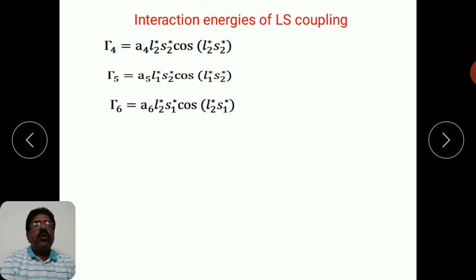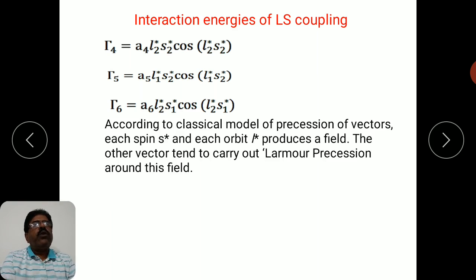So let us make some assumptions which are based on theory. What are these assumptions, in order to consider the actual interaction energies? According to the classical model of precession of vectors, any particular physical quantity or vector is said to precess in a certain force field, for example the motion of a top in a gravitational field.